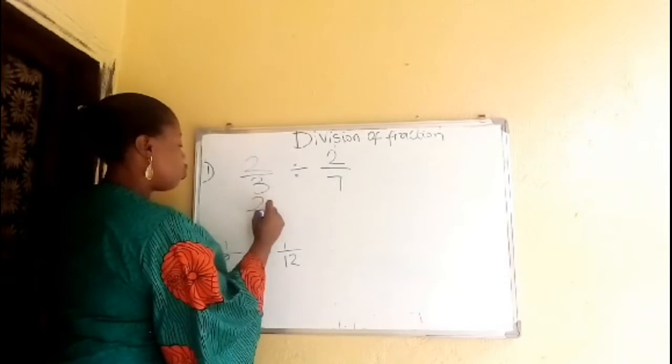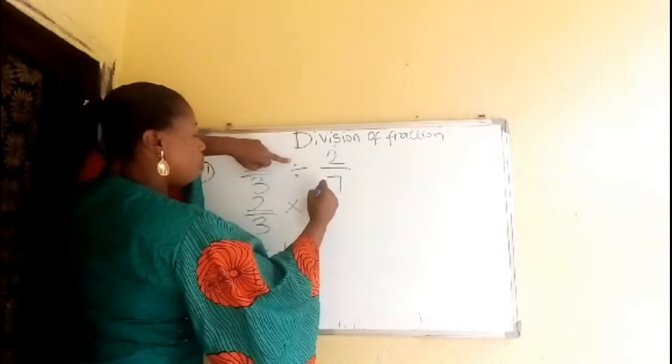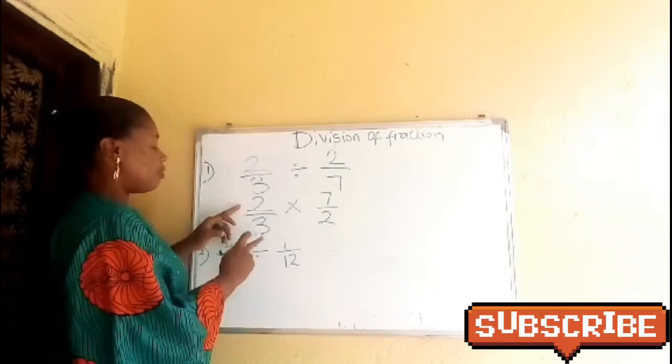Let's answer it. This 2 over 3 changes to times, and then this 7 goes up, all over 2 comes down. Then let's multiply.